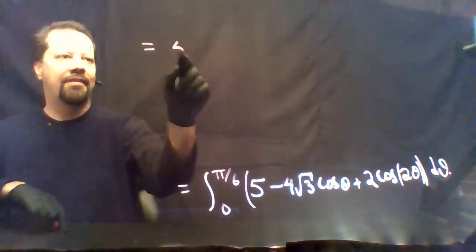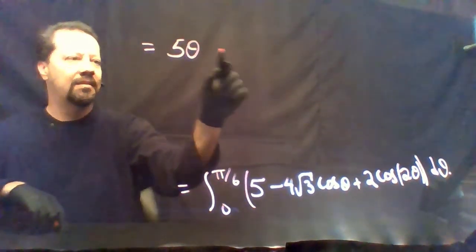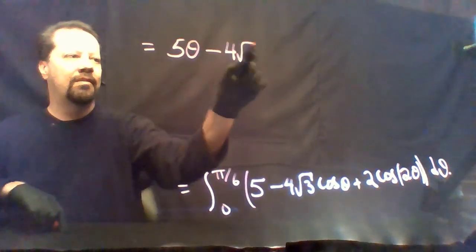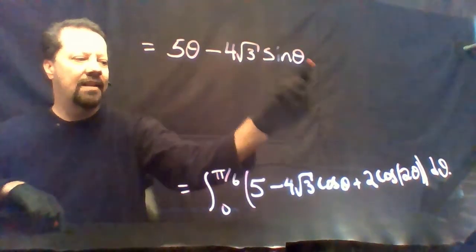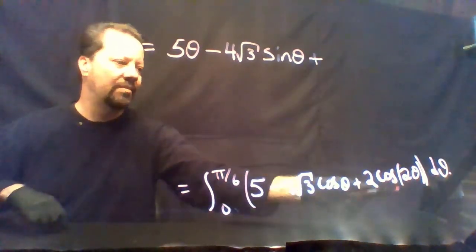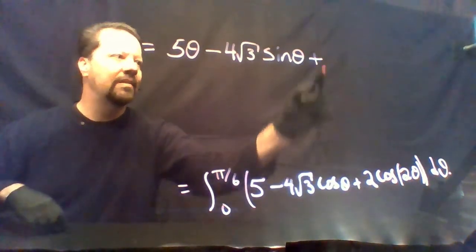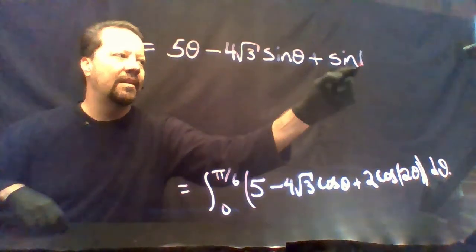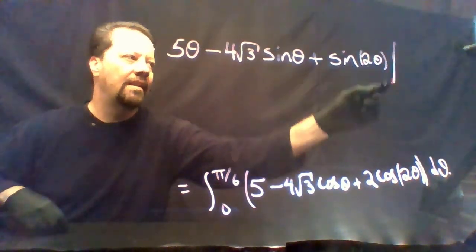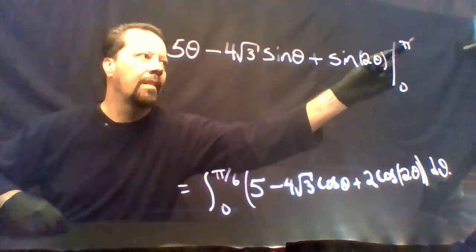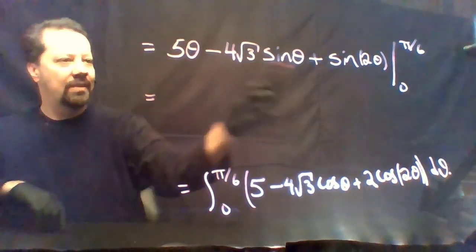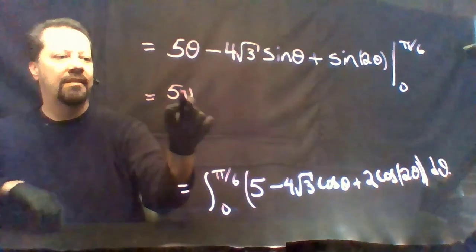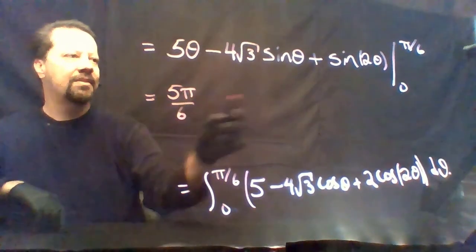Integrating, we'll have 5 theta minus 4 root 3 sine theta plus, we'll have to divide by a 2 on this one. That'll leave just sine of 2 theta evaluated from 0 to pi over 6. We'll have then 5 pi over 6.